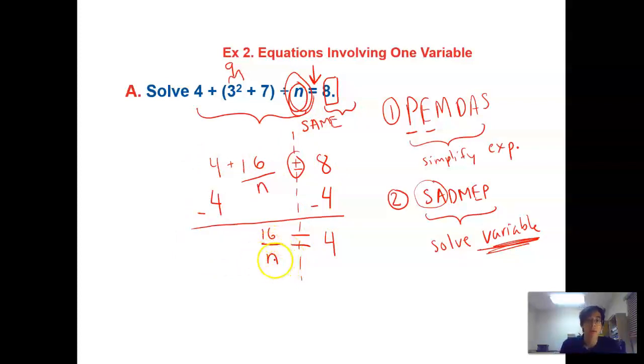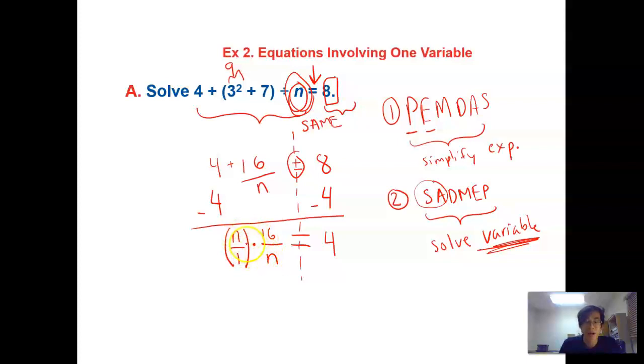Now n is still not by himself, right? He's in the denominator. So how do I move him to the numerator? I'm going to use the inverse of division. What's the inverse of division? What's the opposite of division? Multiplication. So I'm going to multiply n by its identity, using the identity property.